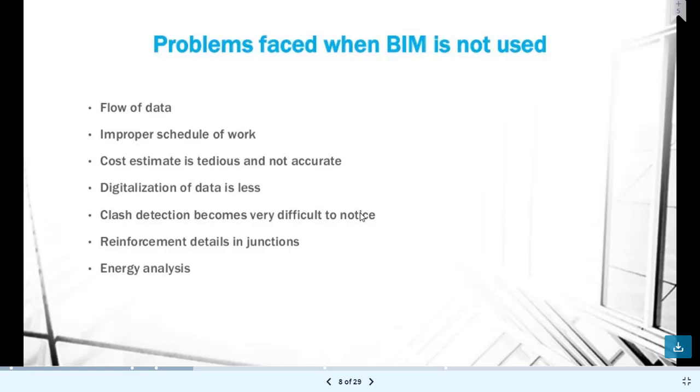When we know the schedule, we can estimate the cost. If you don't know the design, any flow data, or any basic diagram of the structure, we don't have any schedule and we don't know any cost estimations.